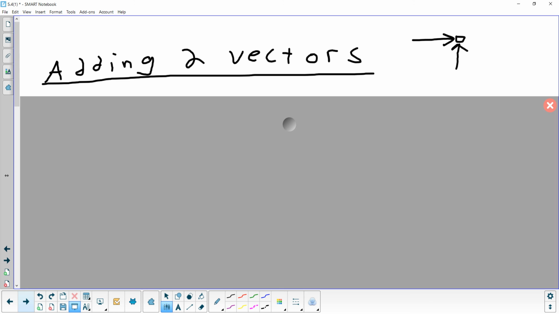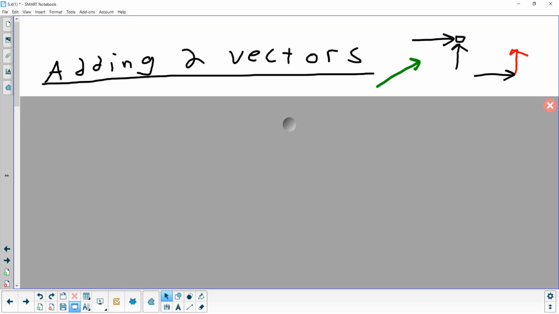So let's just take these 2. I just want them as separate arrows. That represents the force that's pushing to the right. This represents the force that's pushing up. And the result of that would be what I'm going to draw in green, right there.